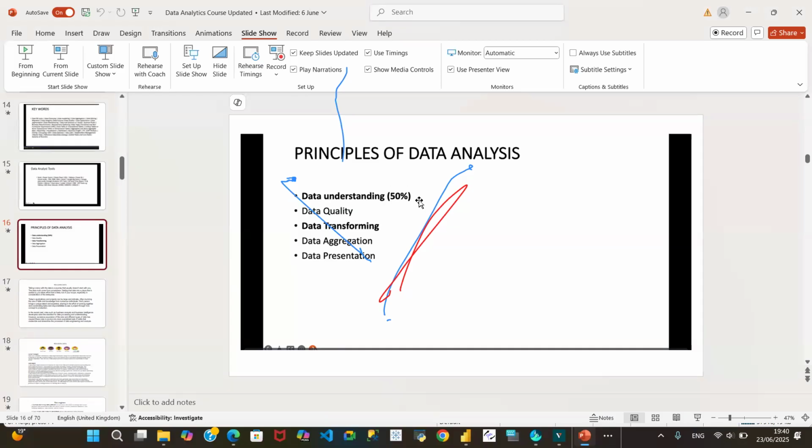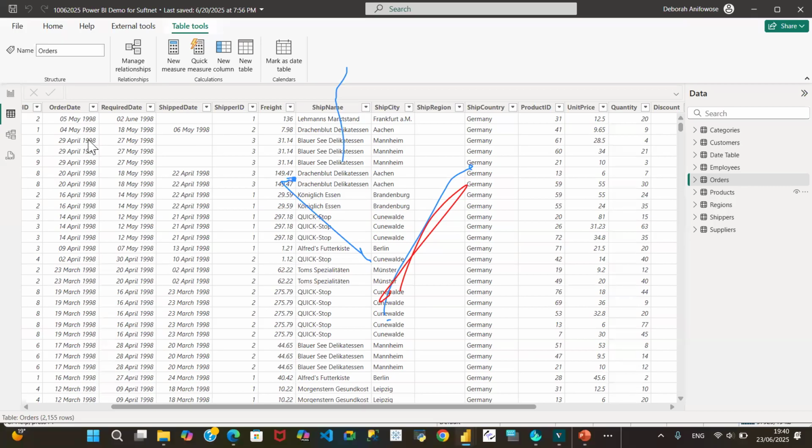We need to practice identifying which would be our dimension table, which would be our transaction table, let me start using transaction table instead of fact table, and which would be the lookup table, until we get to a point where we are very confident with any type of data in front of us, and we can easily label, okay, this part of the data is transaction, and this is the part that's going to be my dimension or lookup.